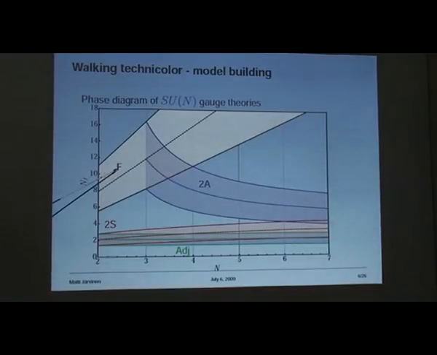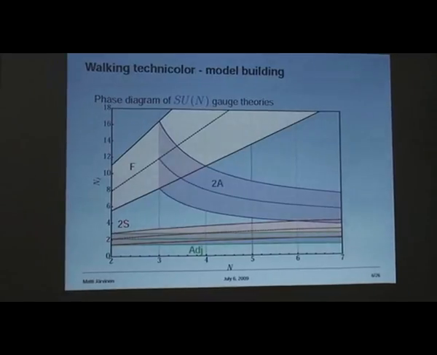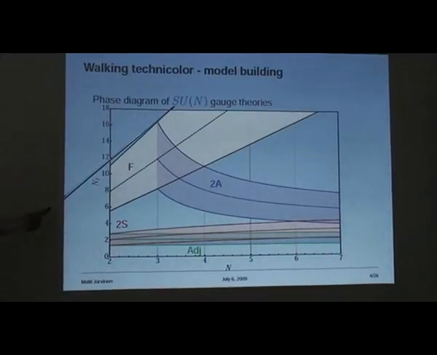The black lines are for the fundamental representation. This is the line where you lose the asymptotic freedom. And then there are different estimates for the other line, which is the lower bound of this conformal window.